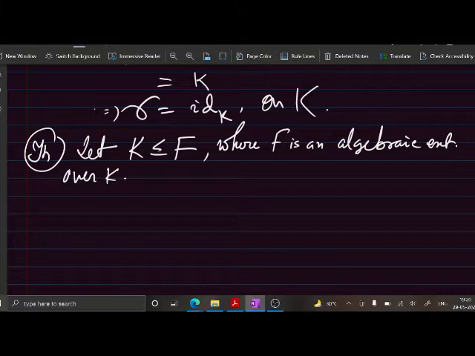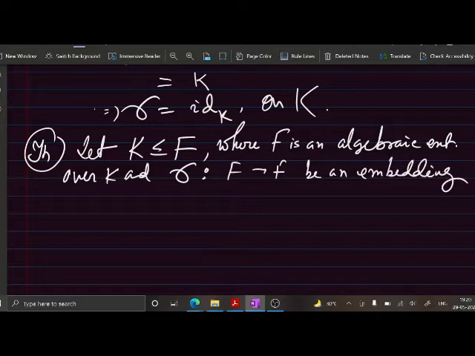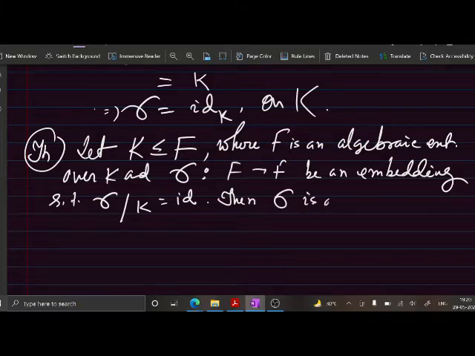You consider an algebraic extension over k which is f, and if you take sigma from f to f, so sigma is an embedding such that sigma restricted to k is the identity, then sigma is an automorphism on f.